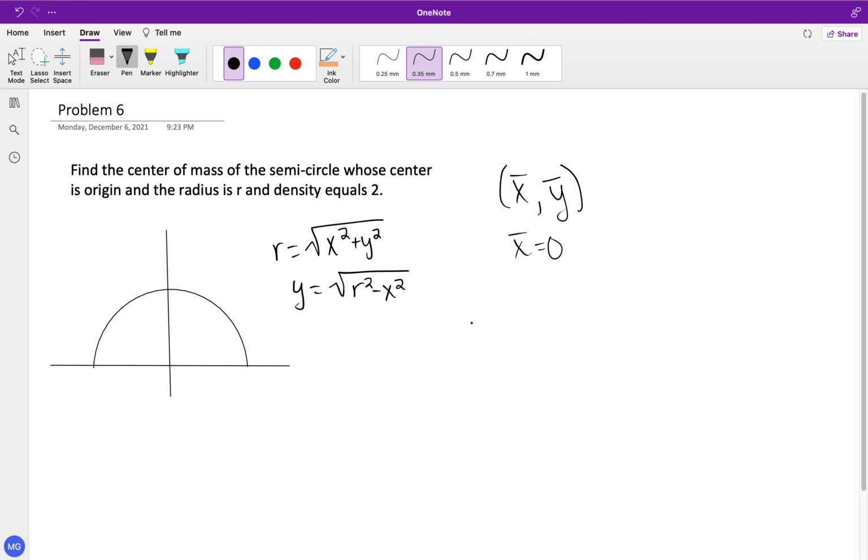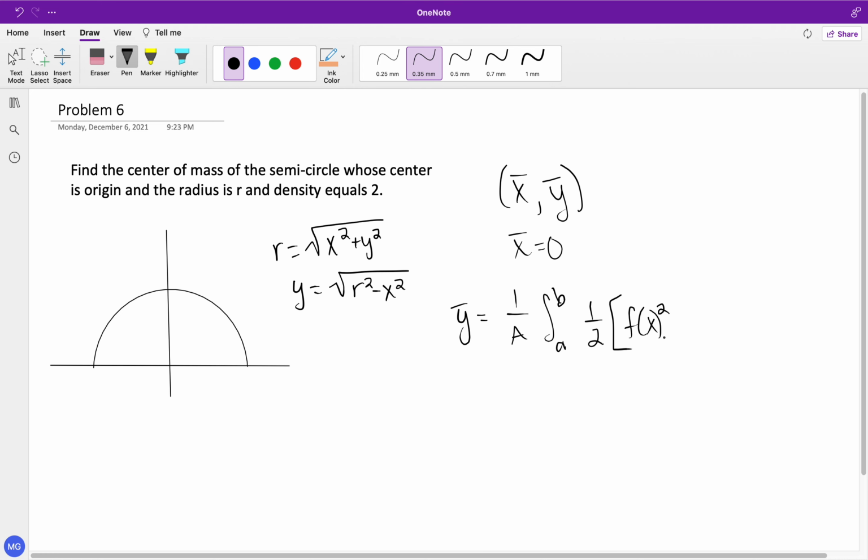The formula for y bar is 1 over A, integral from a to b, 1/2 f of x squared minus g of x squared dx.